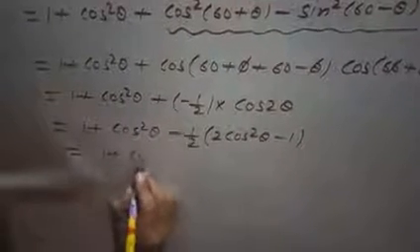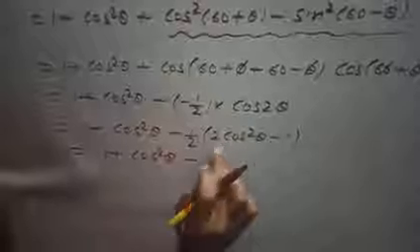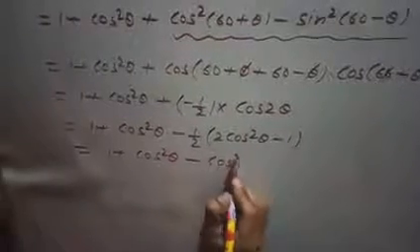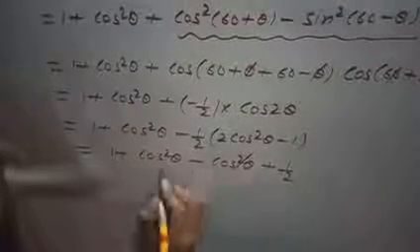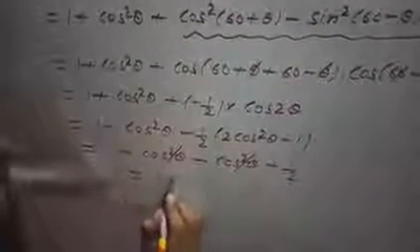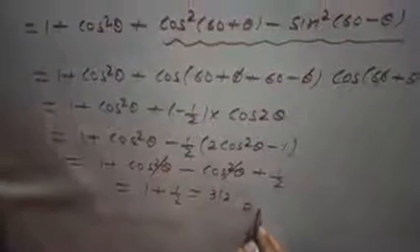So 1 plus cos square theta minus, now 2 cancelled, here minus cos square theta, minus plus, and here 1 by 2. Now these two cancel out, 1 plus 1 by 2, that is 3 by 2, and this is our right hand side.